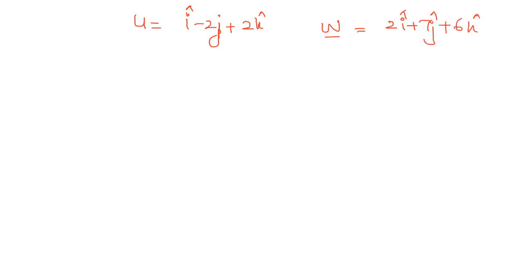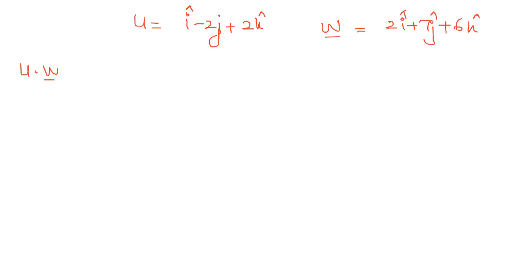Similarly, you can find the second one. I will remove this. u vector is equal to i minus 2j plus 2k, and w is equal to 2i plus 7j plus 6k.